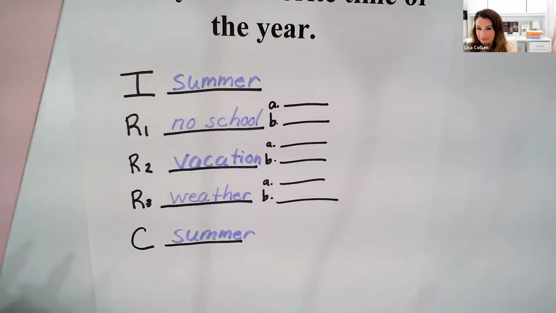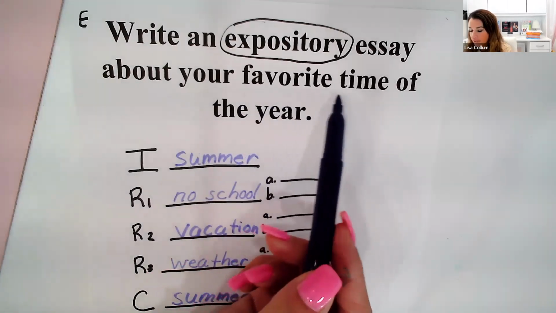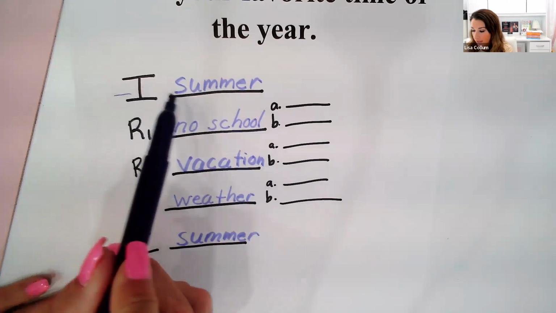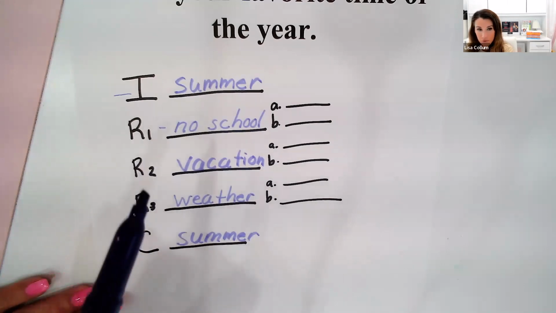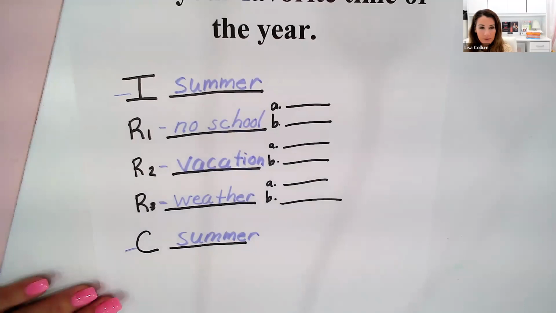All right, now you should have all this filled out. So write an expository essay about your favorite time of the year. We picked summer, so we wrote summer on the I and the C. And then we came up with 3 reasons why we like summer, because there's no school in the summer, you can go on vacation in the summer, and the weather in the summer.